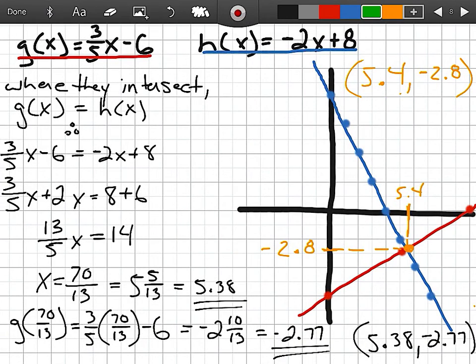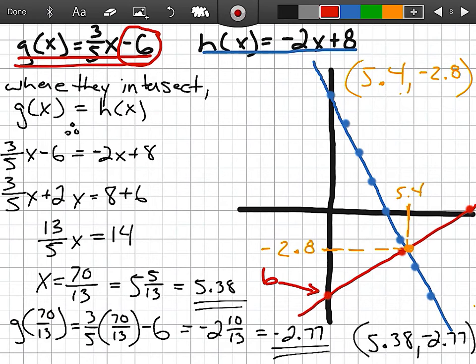All right, so first of all, I need to graph my g of x and my h of x. So I've made g of x red, and I can tell from the -6 that my b is -6, so therefore my y-intercept is -6, which is the red b right there at -6.